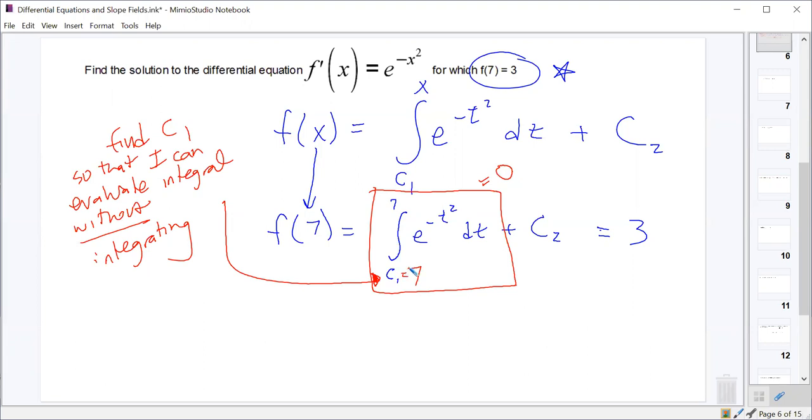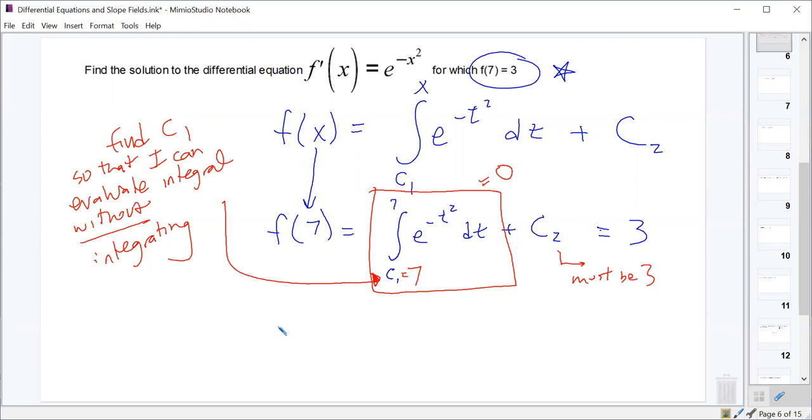So if constant 1 was 7, then that would allow me to know that this integral's value was 0, and that would allow me to tell you that constant 2 must be what? If 0 plus constant 2 equals 3, what must constant 2 be? 3. Must be 3.